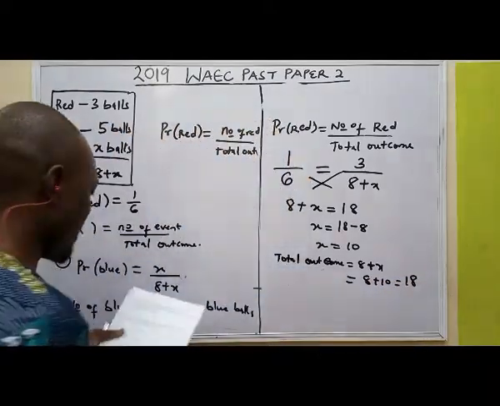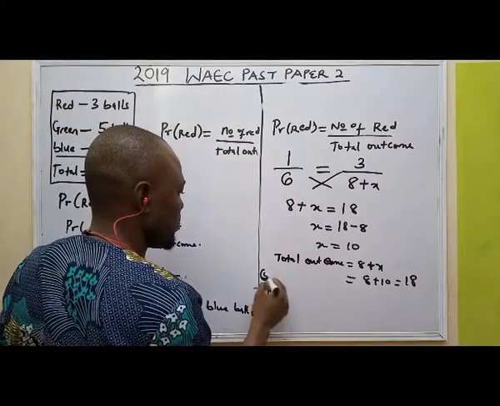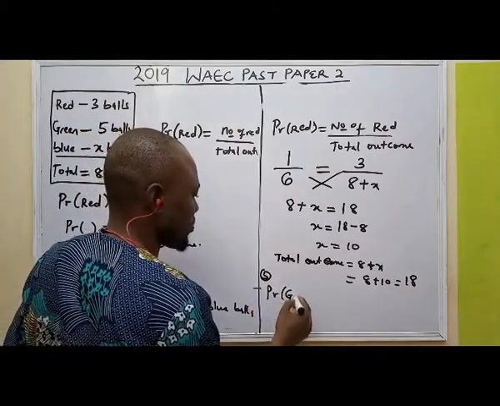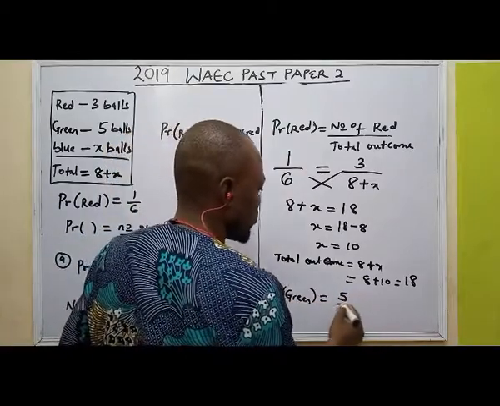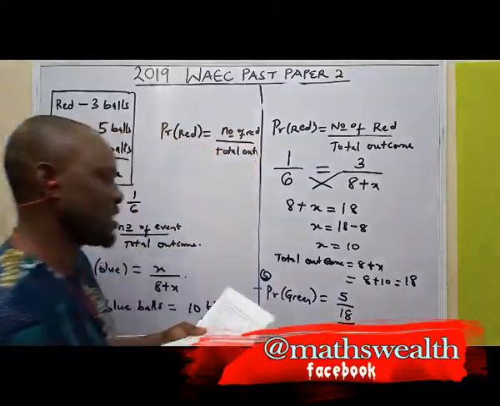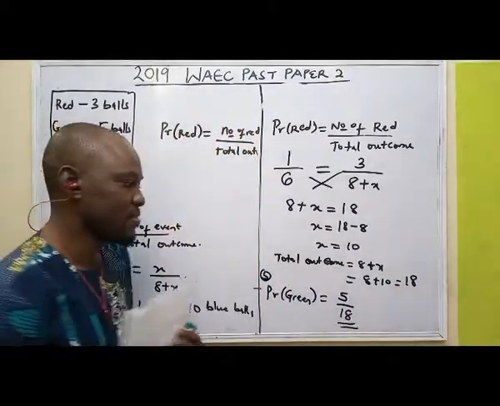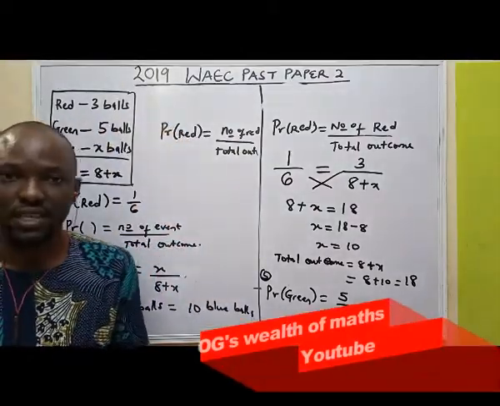So for part B, probability of green will be number of green, 5, over the total outcome, 18. So the probability of getting a green is 5 out of 18. So that's about that. Let's move to the next problem.